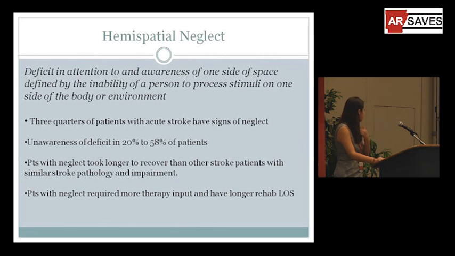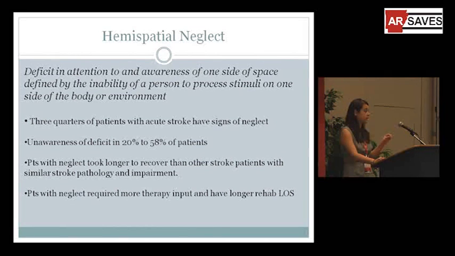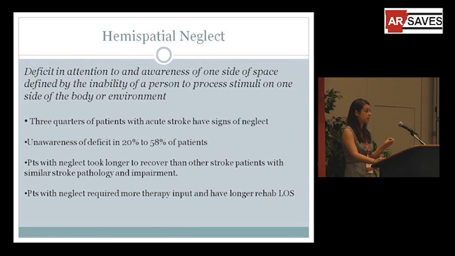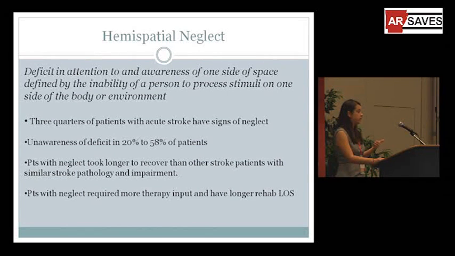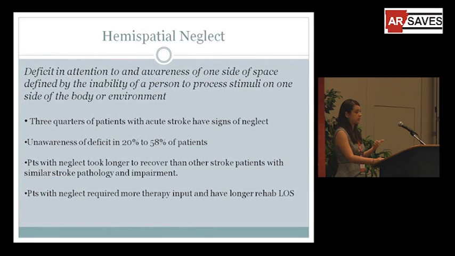And usually it's about 20 to 58% of these patients. So it's a big range of patients, but it is something that can hinder the rehab process because they are unaware of that side. So it does hinder some of our neuro rehab facilitation techniques because it has decreased awareness of their deficits. And when you have decreased awareness of your deficits, it's hard for us to have you work on that side.